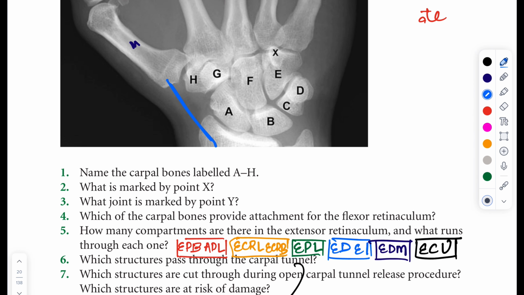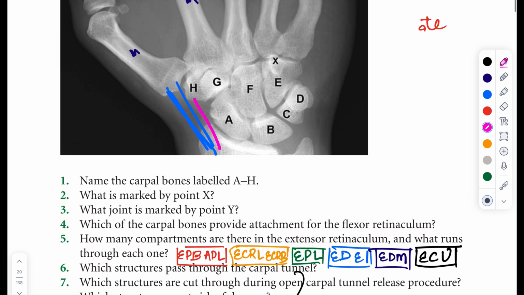then abductor pollicis longus, 2 muscles. Then you get extensor carpi radialis longus and brevis. Then you get extensor pollicis longus for the thumb.